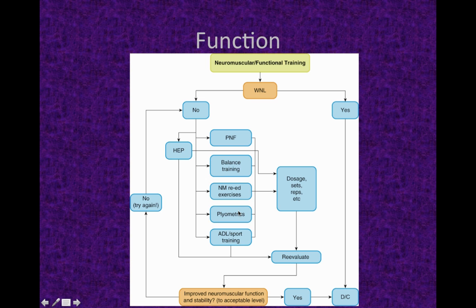This is getting up towards the higher end of, or wrapping up, being in rehab, getting back to normal function. It goes beyond the lower level activities that you can do earlier in the rehab process, with plyometrics and sport training closer to the end of the rehab process when you're about to discharge them. And so here now, if we've reevaluated and yes, everything's better, then DC, that's discontinue, and you can discharge your patient.